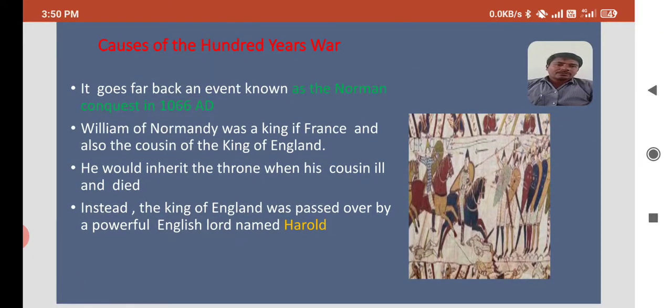It goes far back, to an event known as the Norman Conquest in 1066. In this war, France defeated England, and William of Normandy, who was also the cousin of the king of England, would inherit the throne when his cousin fell ill and died.